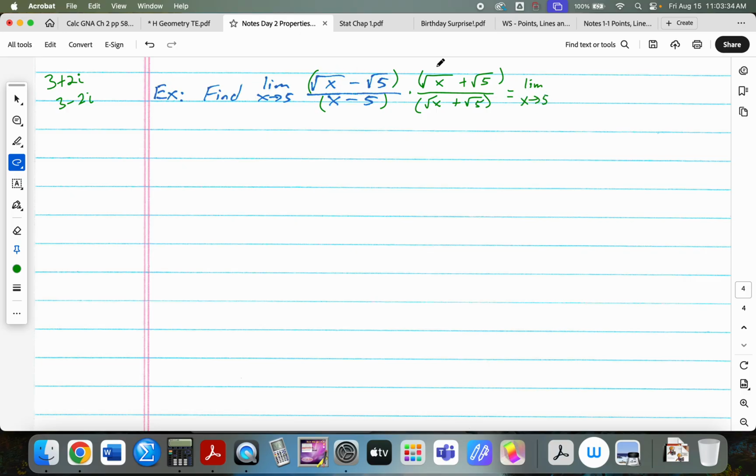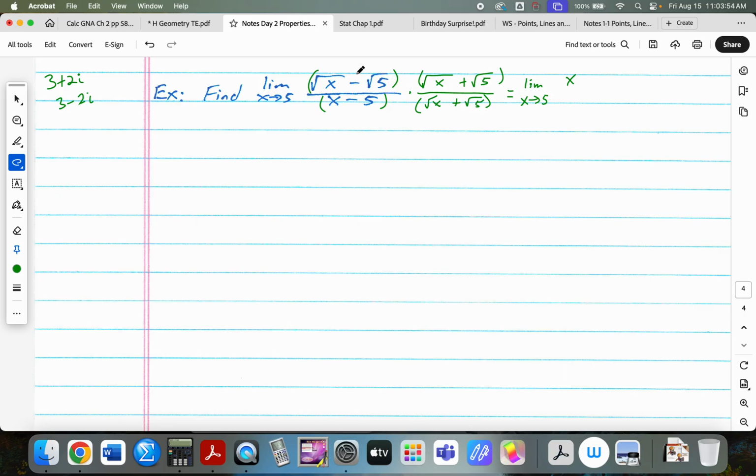The square root of x times the square root of x is x. Now that's not quite true, but it's close enough. You have to be careful. If x is negative, this is undefined. But since we're approaching 5, we're okay. So that's going to be x.